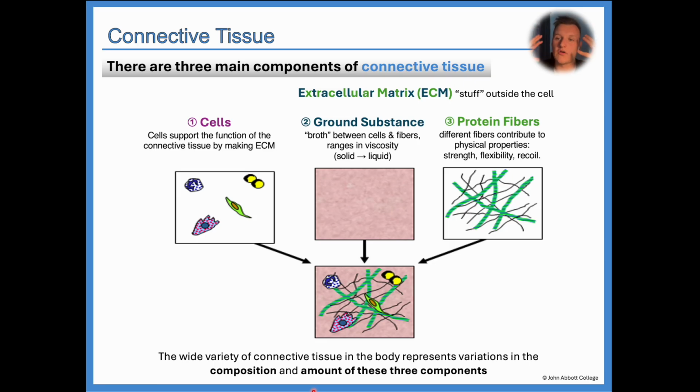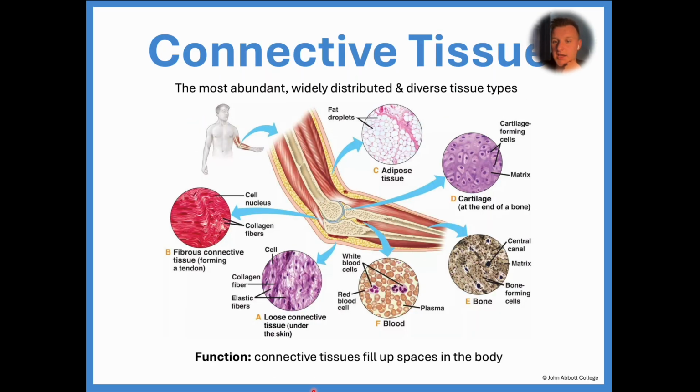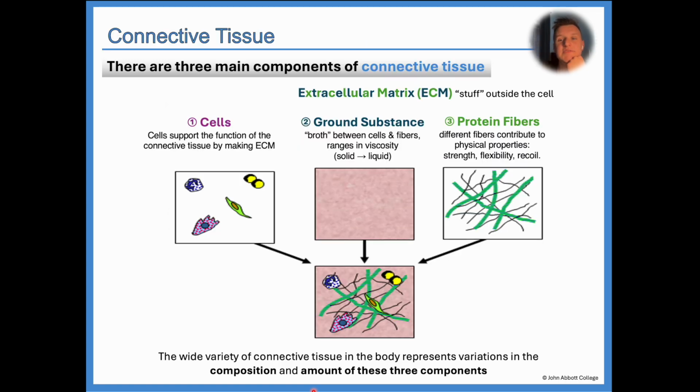And this is for all connective tissues. They all have cells, ground substance, protein fibers, but look at how many types we have, right? How do we change the types? There's a wide variety of these types of connective tissue in the body, because they each have variations in the composition and the amount of these three components.